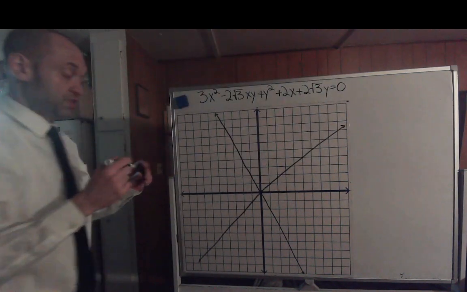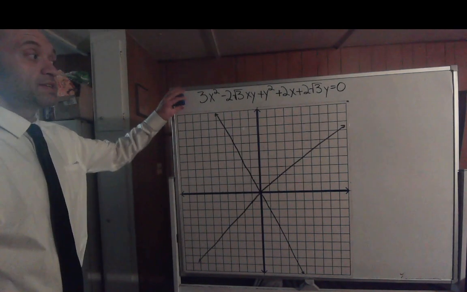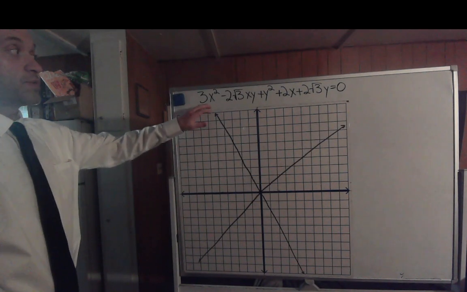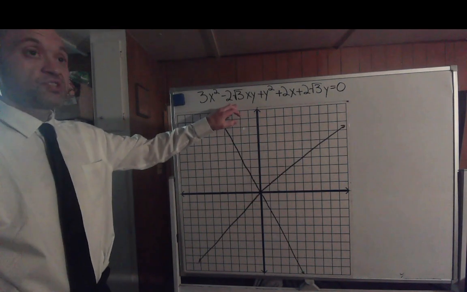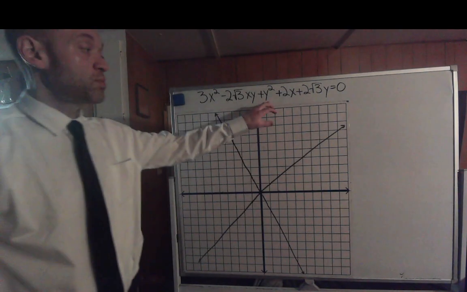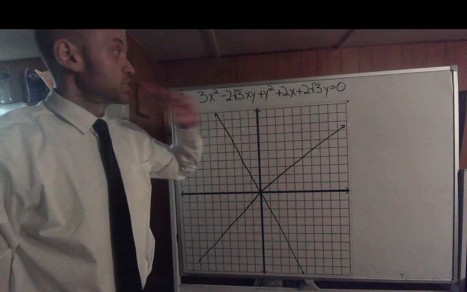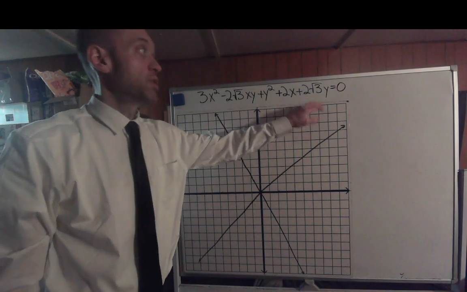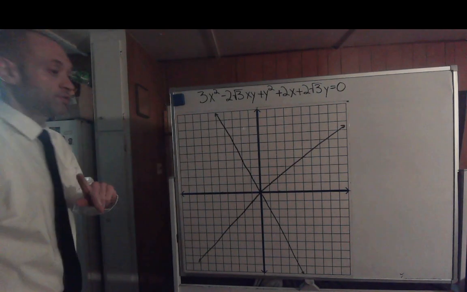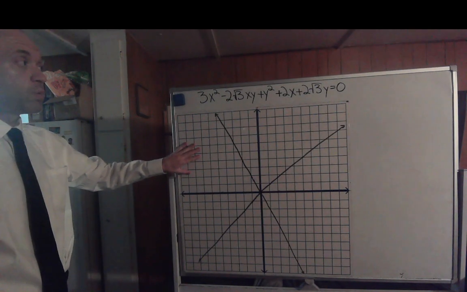What a doozy this one's going to be, isn't it? So you have 3x squared minus 2 times the square root of 3xy plus y squared plus 2x plus 2 times the square root of 3y equals 0.